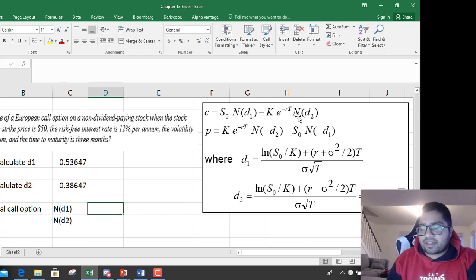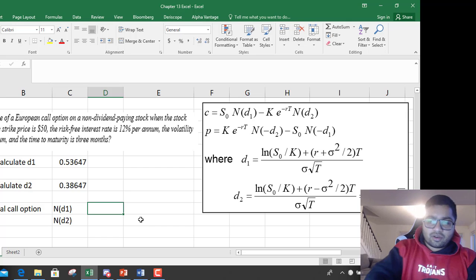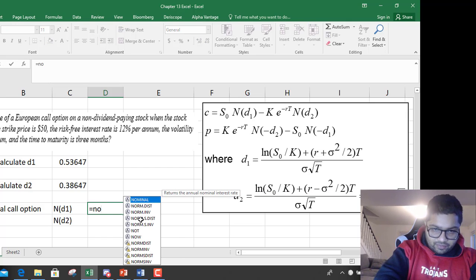Okay, so how to find out N(D1) and N(D2)? Two ways. At the end of the chapter, they have given values of N(D1) and N(D2) based on these numbers, or you can do it on Excel.